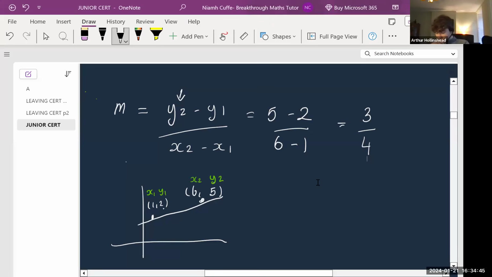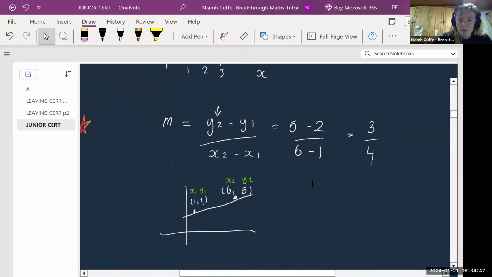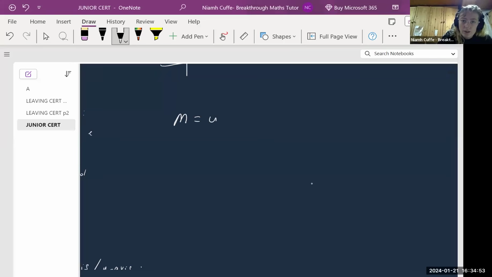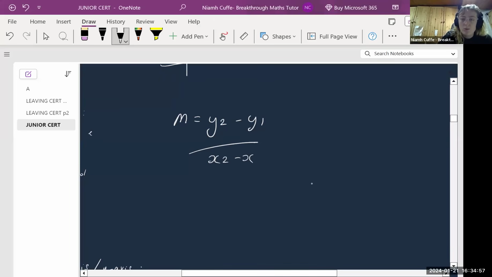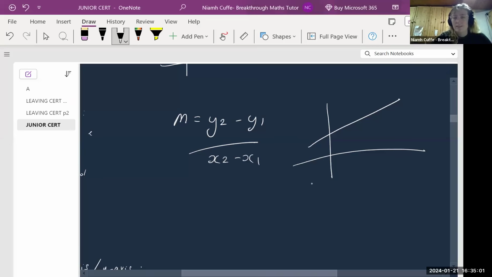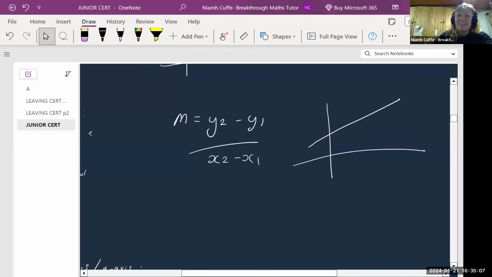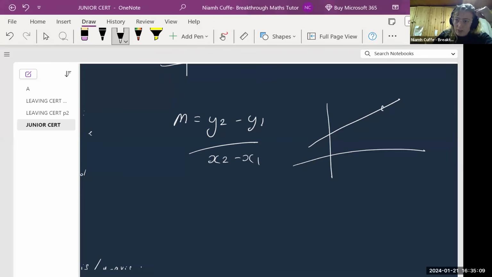Let's try another one of those, guys. Stick with me. Okay. So we've got m is equal to y2 minus y1 over x2 minus x1. Now we've got a line like this. Okay, sorry, I can't turn off that phone. Give me 1 second, guys. Okay, all good. So we've got the point here.